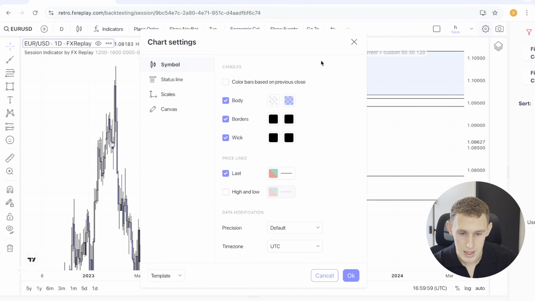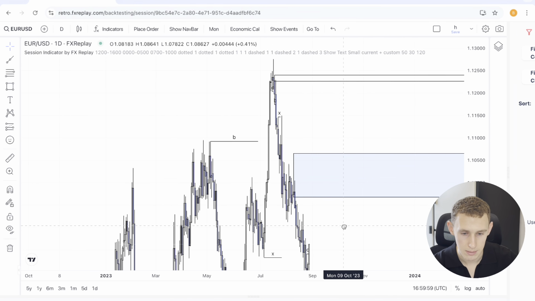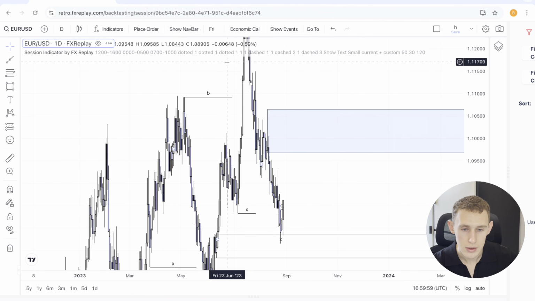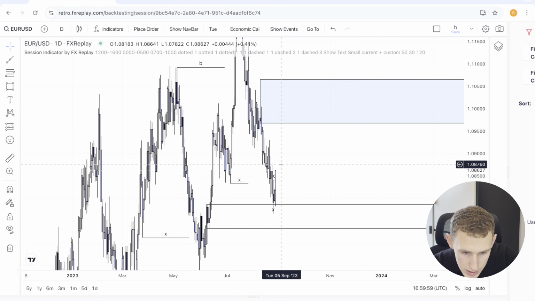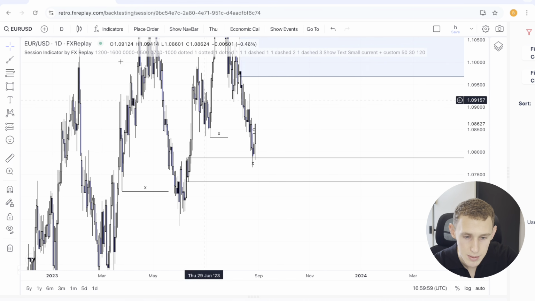So what we could maybe see now, I'm keeping this daily supply zone marked just because it's a zone I see price likely reacting from. So yeah, let's keep some of this marked up. I think at least now, based on this momentum, price is likely going to come and grab some of these daily highs that we have.